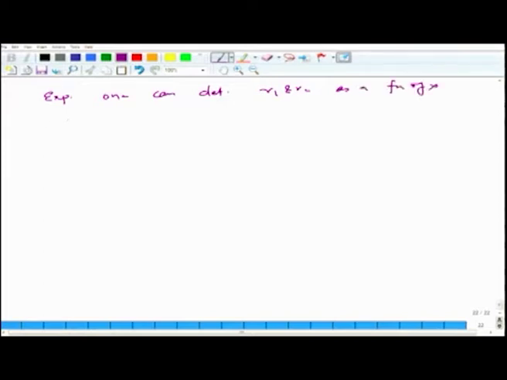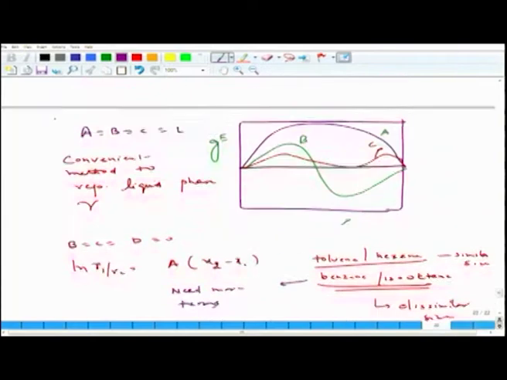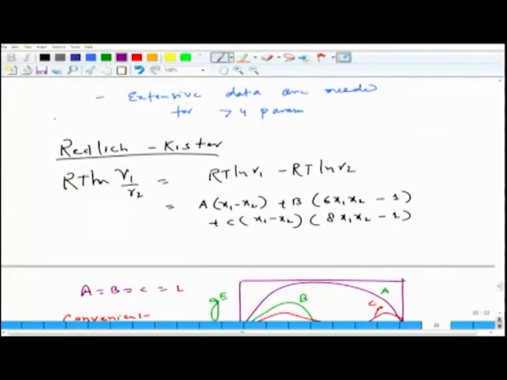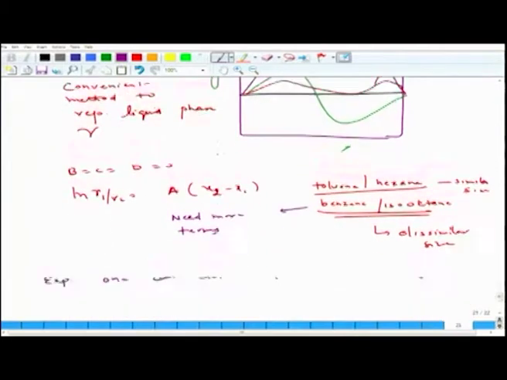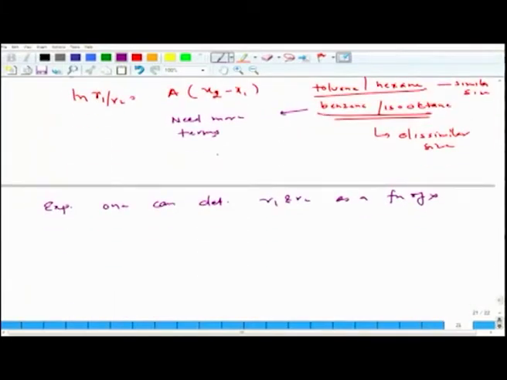Usually this expression should be at constant T, but in practice the temperature is varying, and thus we consider that it is valid.